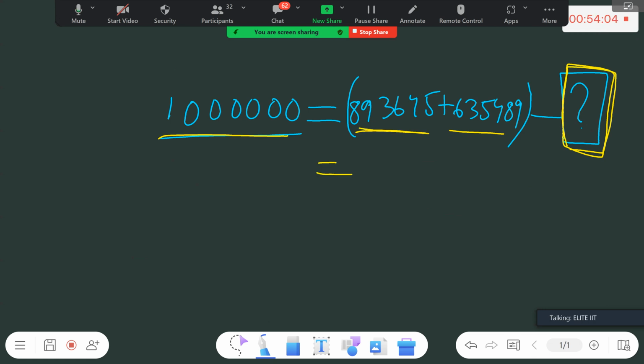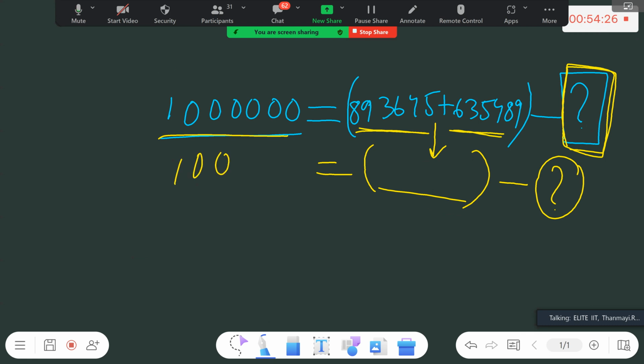So here, after adding these two numbers, you will get something. You can do this addition at home. And now you have to subtract this particular question mark number to get this, isn't it?